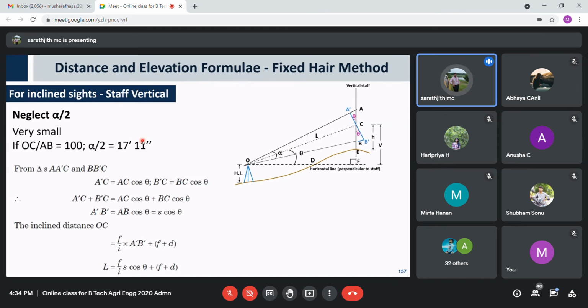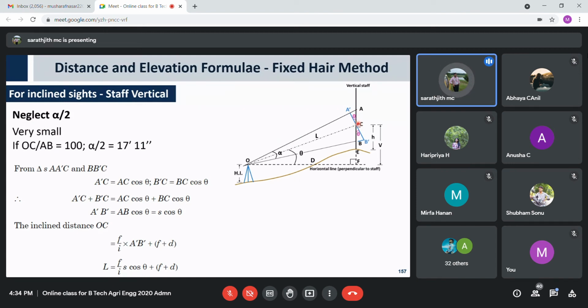So again, if you consider the A dash C triangle and the B dash C triangle, what would be AC? This distance you want to know. This is your staff reading difference AC, which you got initially when the staff was vertical.